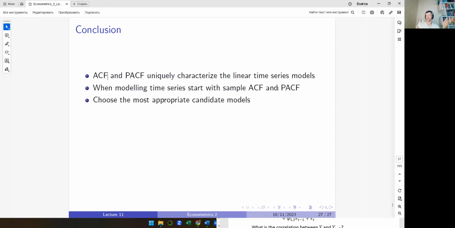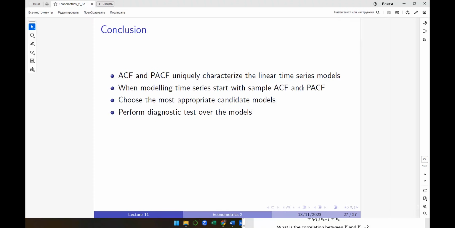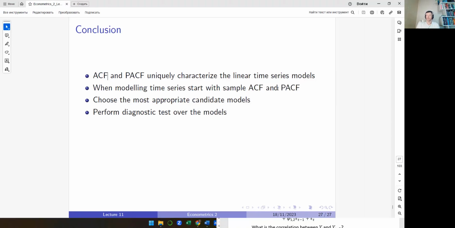Sometimes we are indecisive which model is better because both objects can send contradictory signals. Then we need to perform the diagnostic tests over the models in order to verify that residuals do not have some leftover correlation. That's all about practical steps in modeling time series, the most general view of working with this.